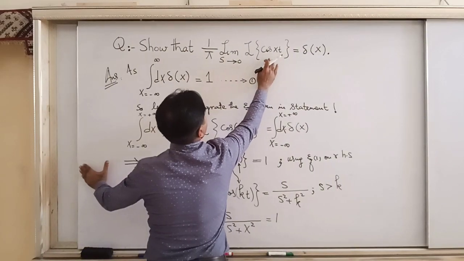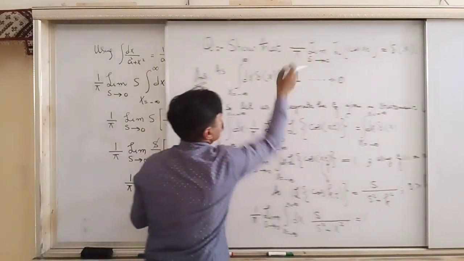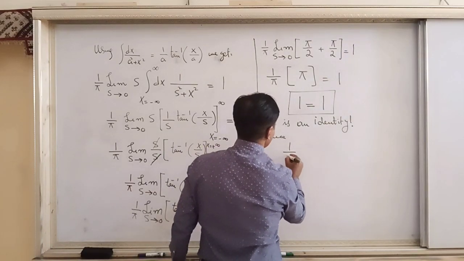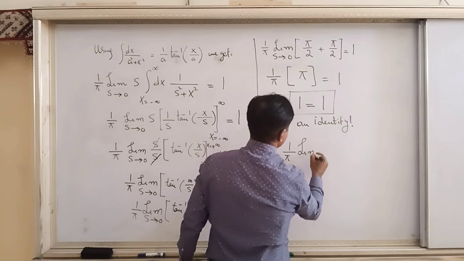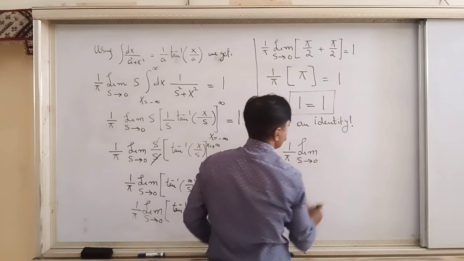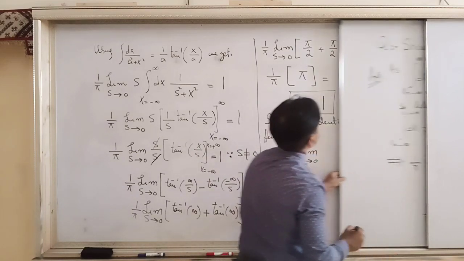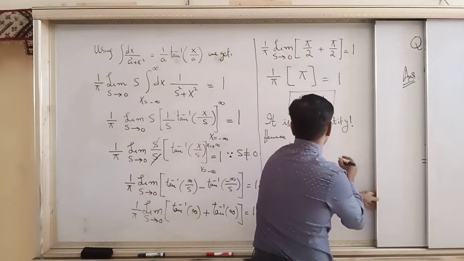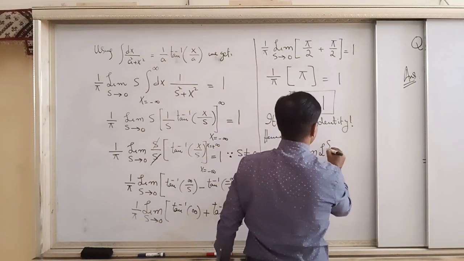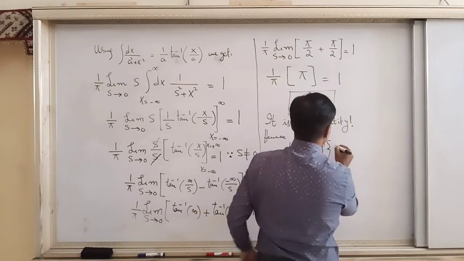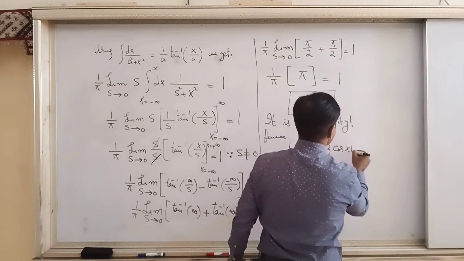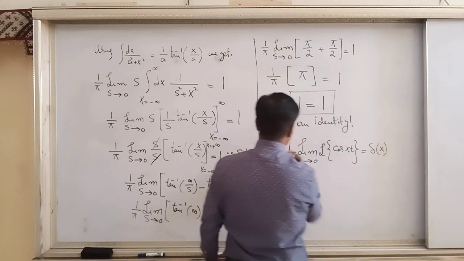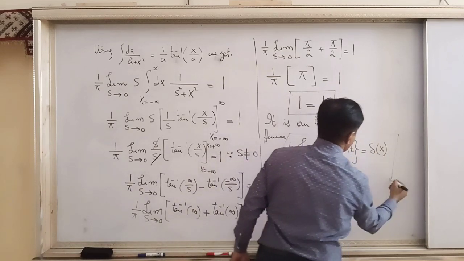This one, right? So you can restate the statement. Hence, 1 over pi limit s approaches 0, and what is next? Laplace transform of cos of xt is equal to delta x, right?